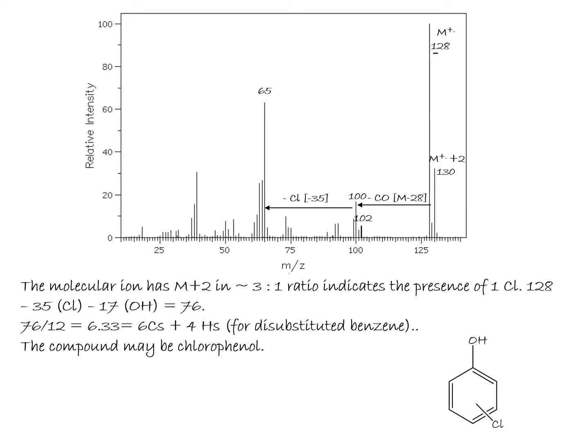Molecular ion at 128, and again this spectrum is showing 130, it's M plus 2. It's a 3-to-1 ratio, meaning the presence of 1 Cl.